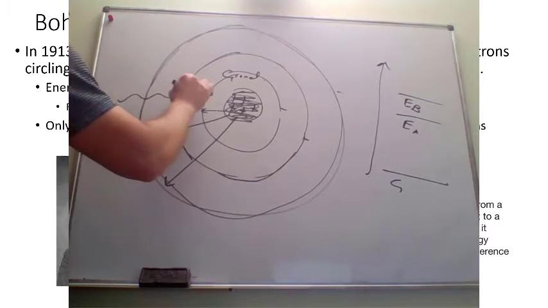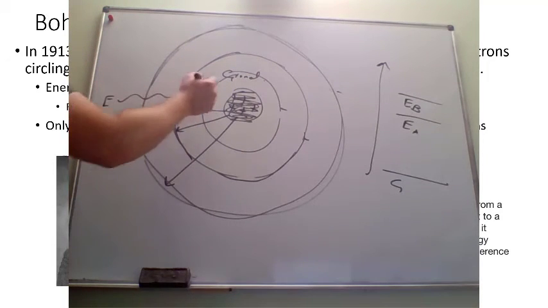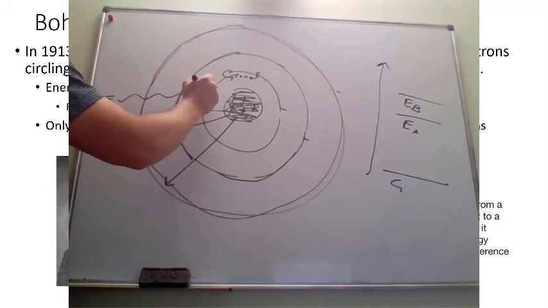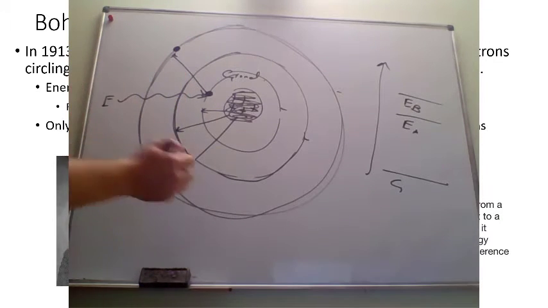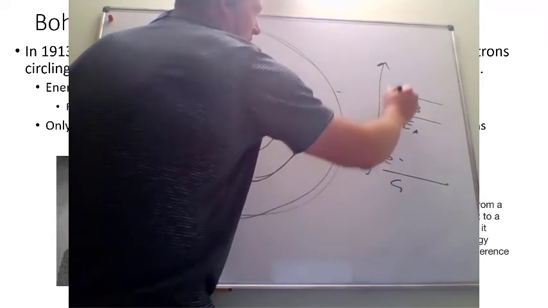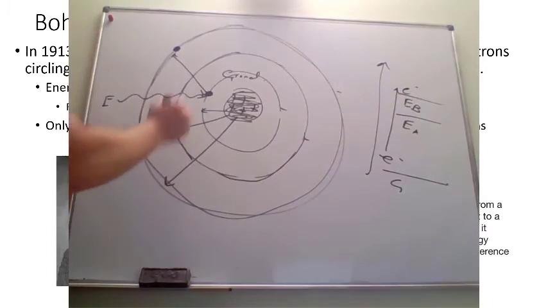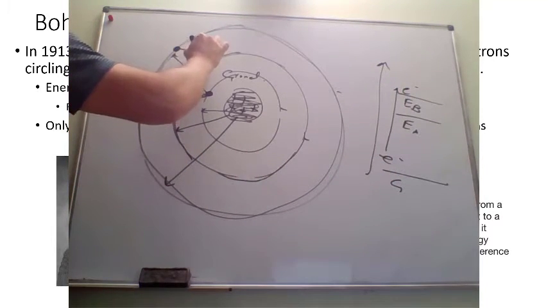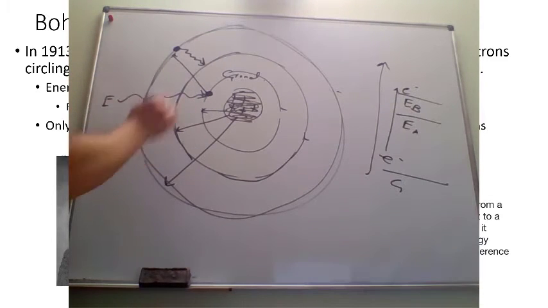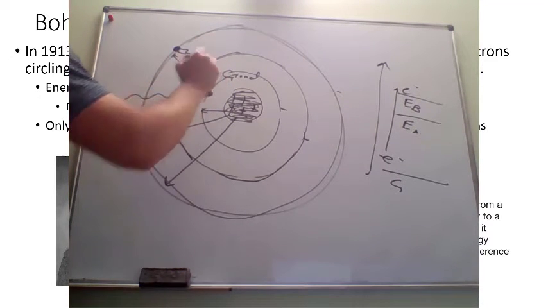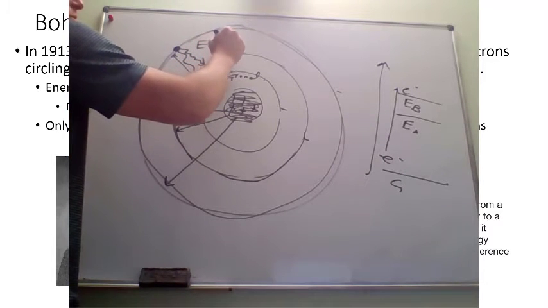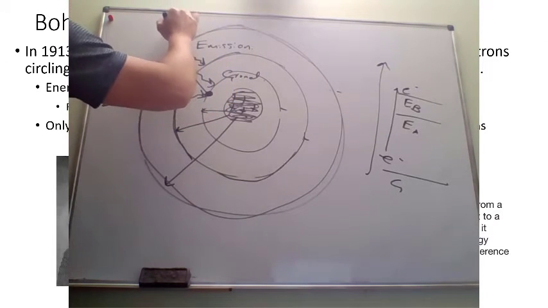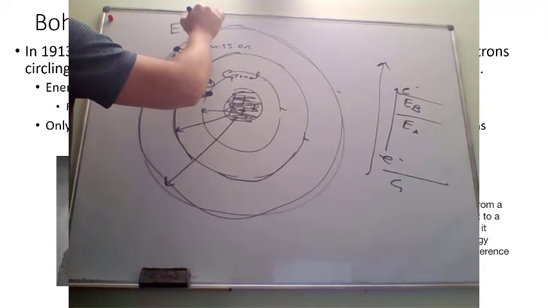If we input energy, we can have enough energy to jump that electron up to an excited state. Then this electron could decay back down to a lower excited state, or it could decay all the way back down to our ground state. And these are our emission events, and those are going to emit our light, E is equal to hc over lambda.